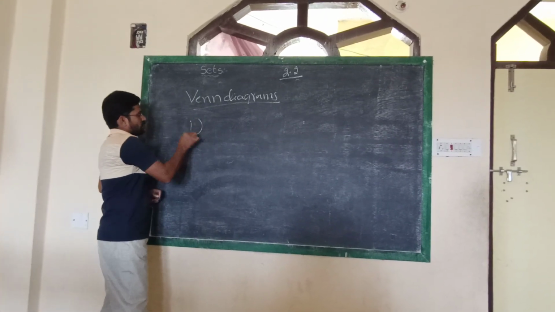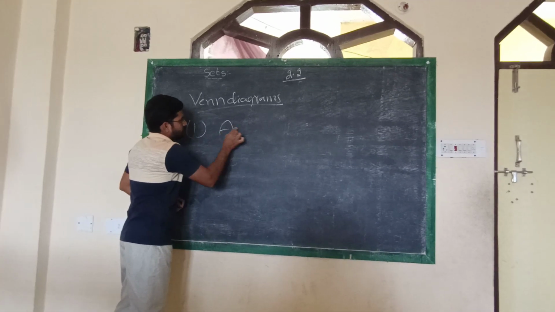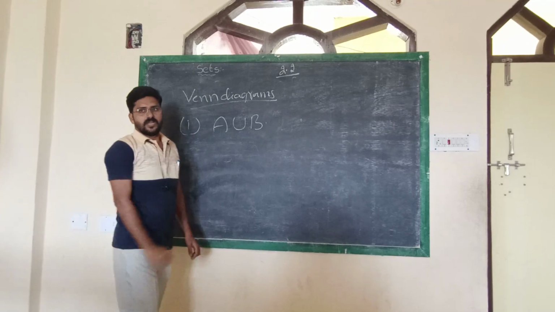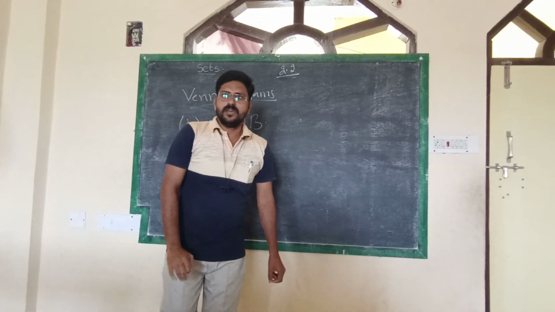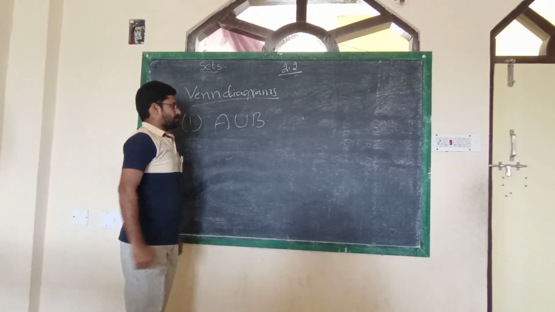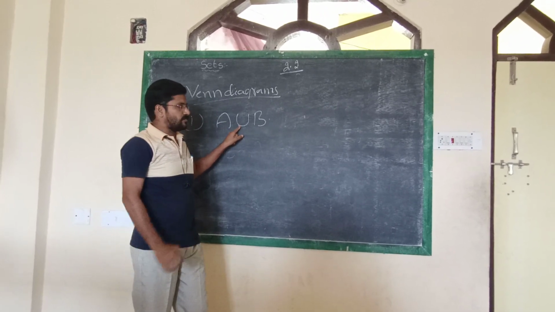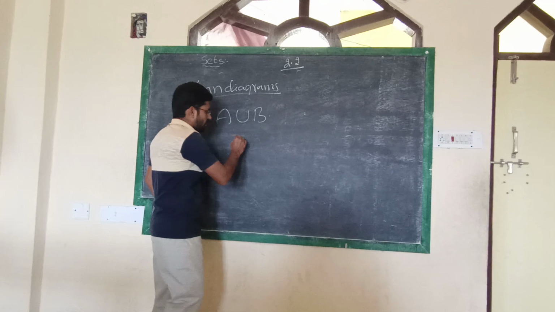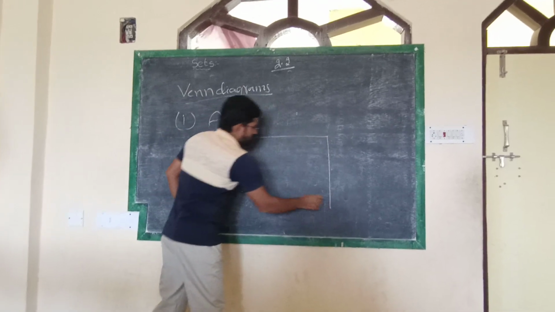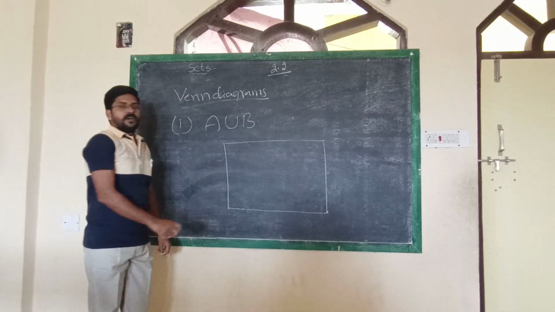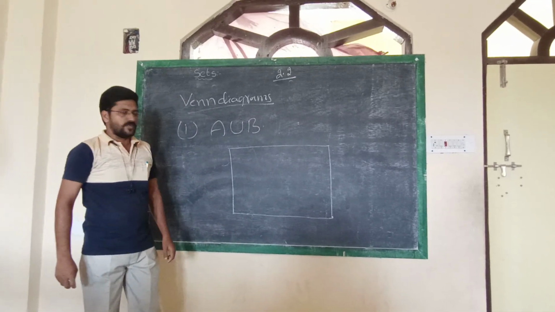I am taking the question number 1, Venn diagram for A union B. A union B. A and B are the two sets. If you want to represent this information in Venn diagram, first of all, we have to draw a rectangular box. It indicates a universal.